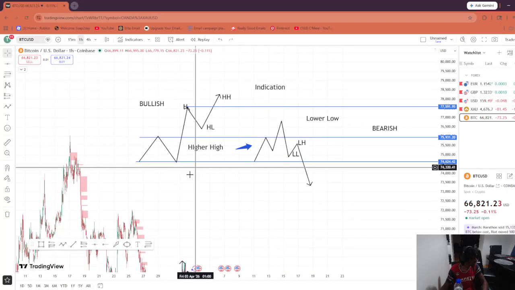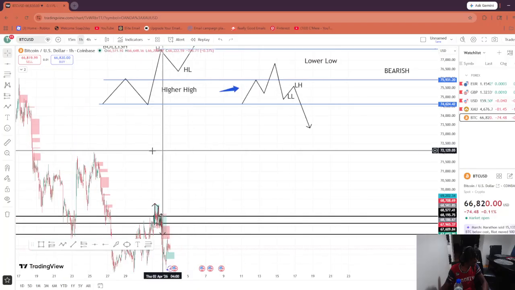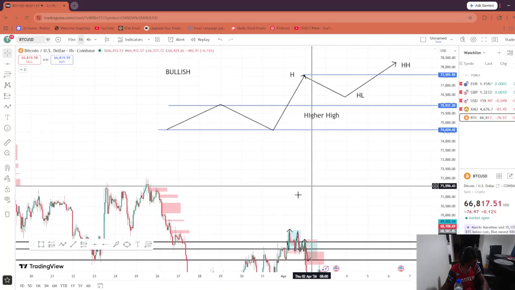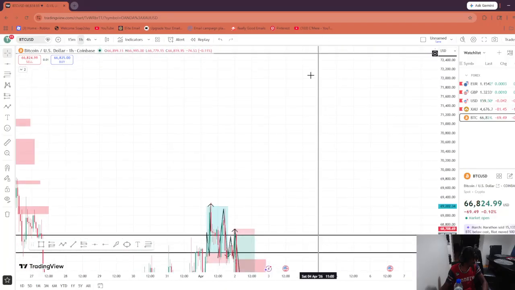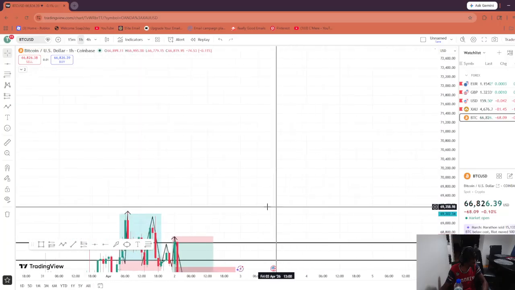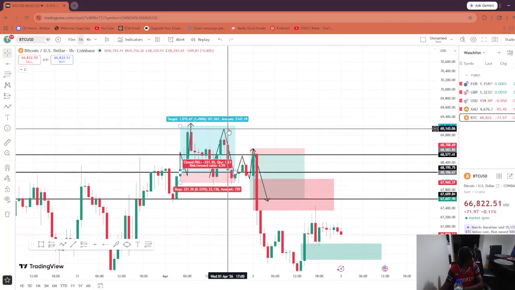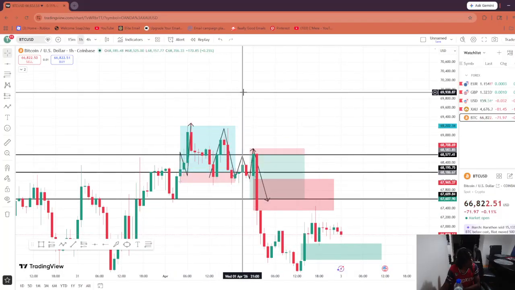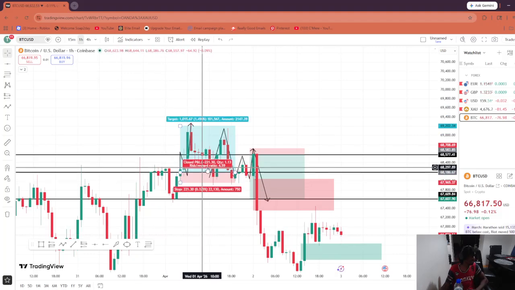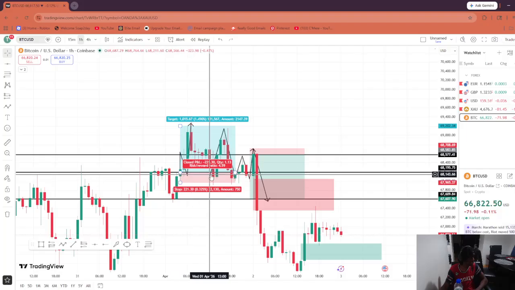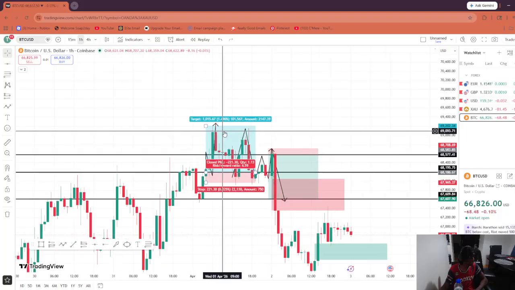And another thing: price will always show you these respected levels, like right here, like these barriers. You just gotta watch them in the higher time frame.